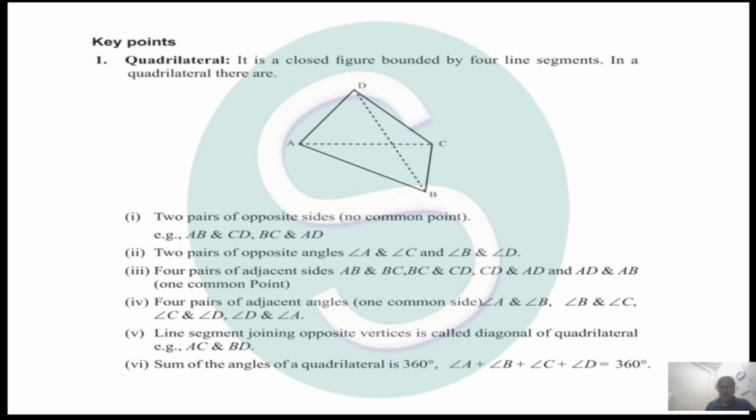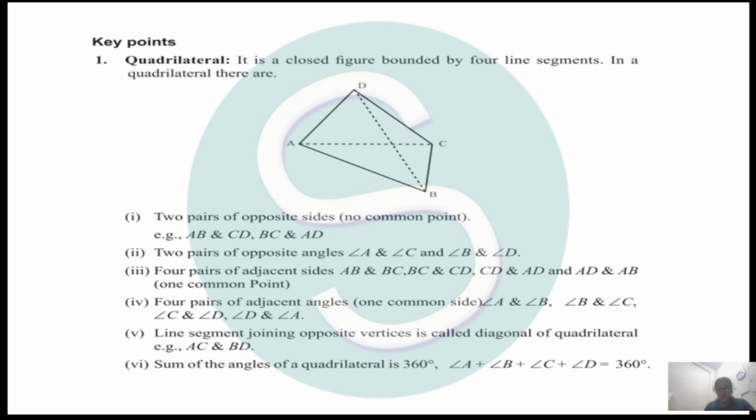Now I will tell you what is a diagonal of a quadrilateral. If we join two opposite vertices of a quadrilateral, then the line segment formed is called a diagonal. For example, here as you can see in the figure, ABCD is a quadrilateral.